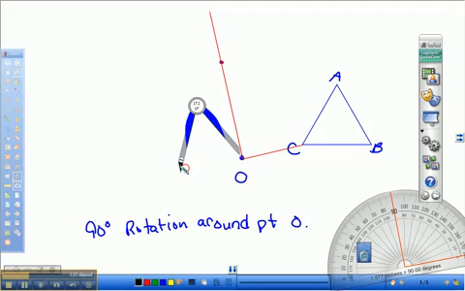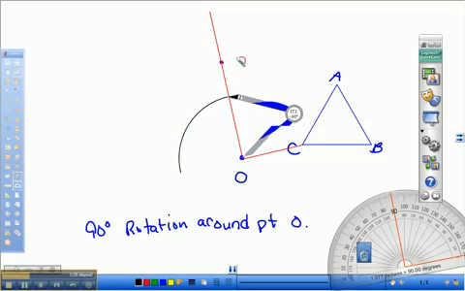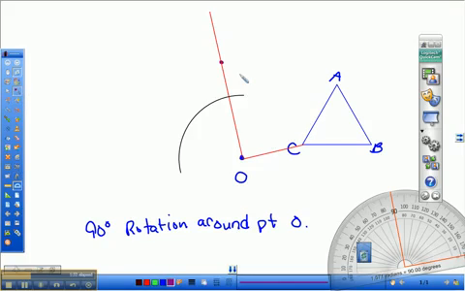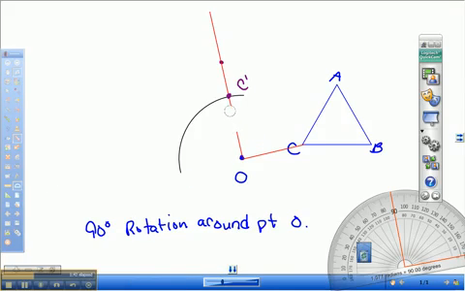There we go. Going back, we need to mark that point. That point becomes our C prime. I'm going to erase some of this other stuff that we don't really need when we go to the next line. So we'll get rid of the rest of this. And now we have C prime.